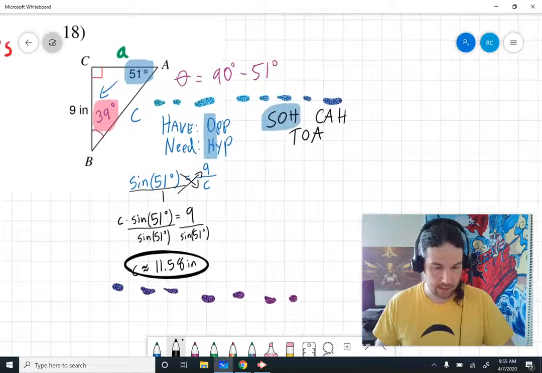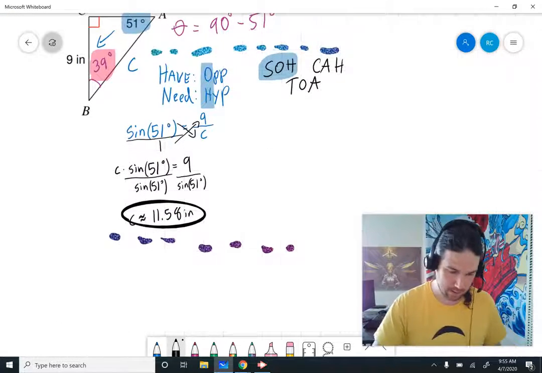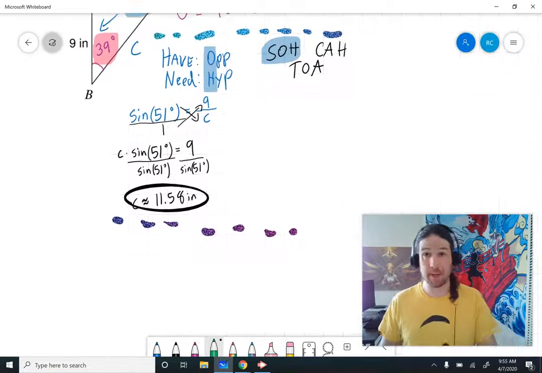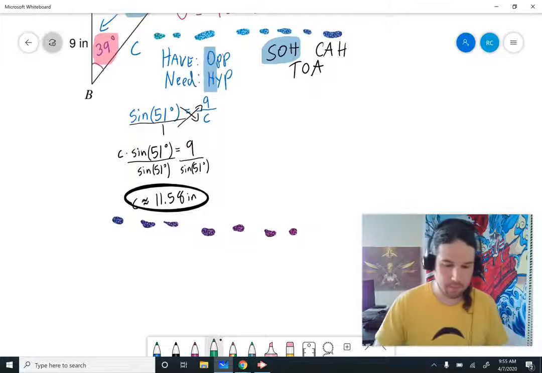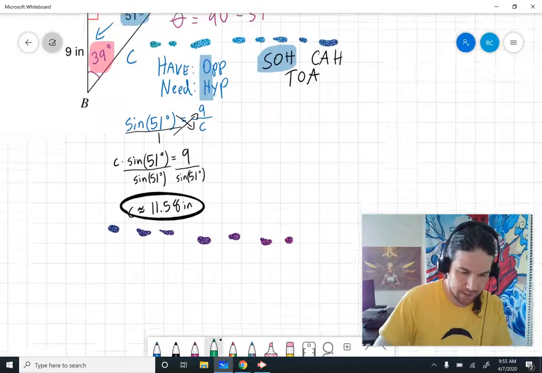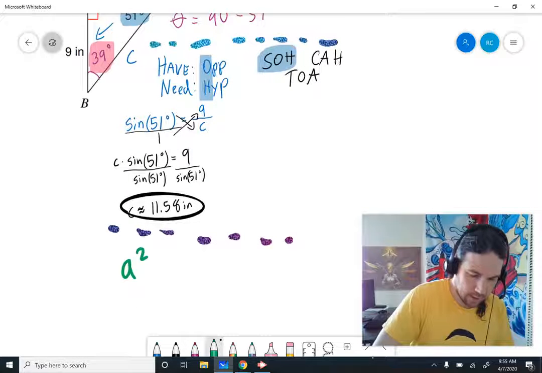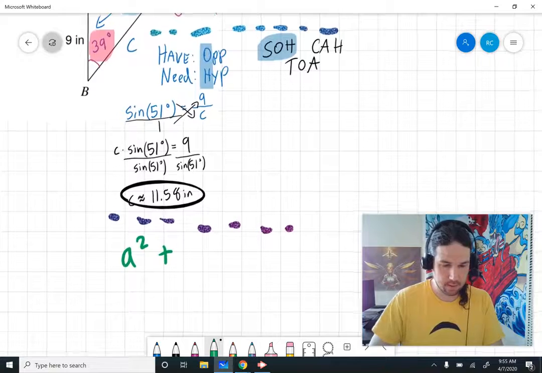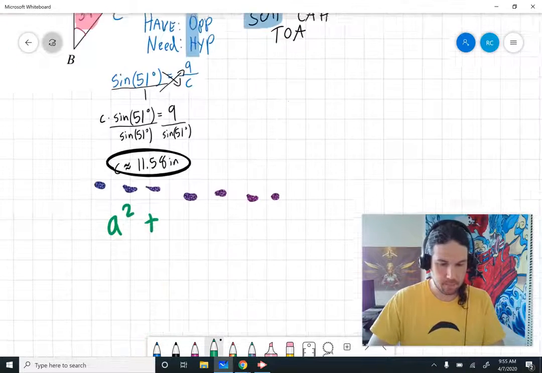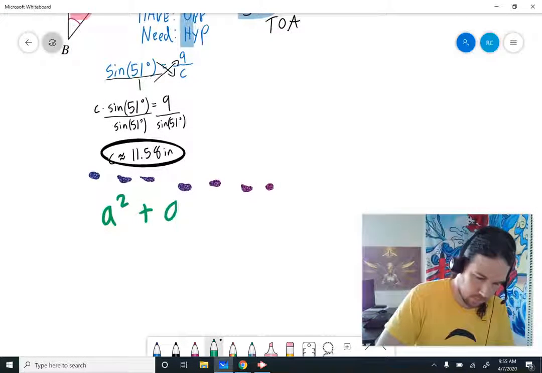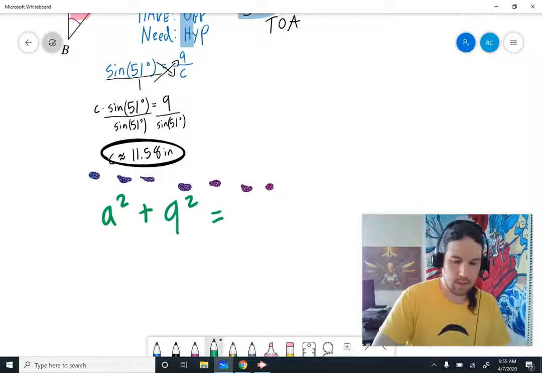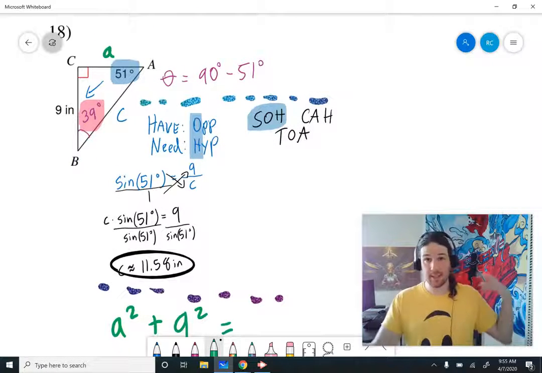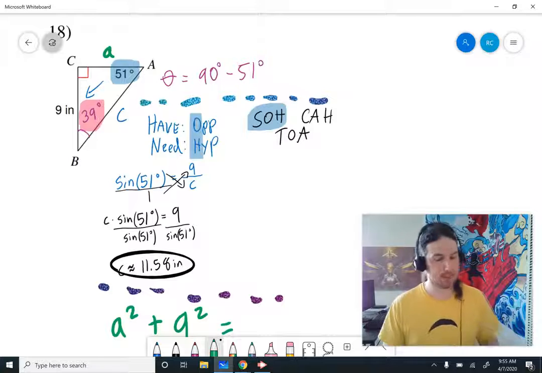All right, now we're solving for A. We've got two sides of a right triangle, so I'm going to use the Pythagorean Theorem. That's kind of confusing because this diagram uses A, B, and C in a slightly different way, as angles instead.